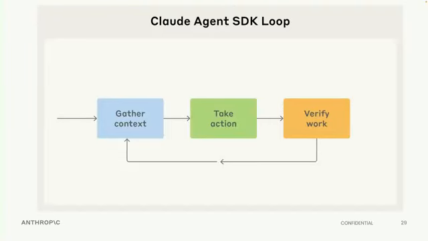But here are the three parts to an agent loop. First, gather context. Second, take action. And the third is verifying your work. This is not the only way to build an agent, but I think a pretty good way to think about it. Gathering context, for Claude Code, is grepping and finding the files needed.